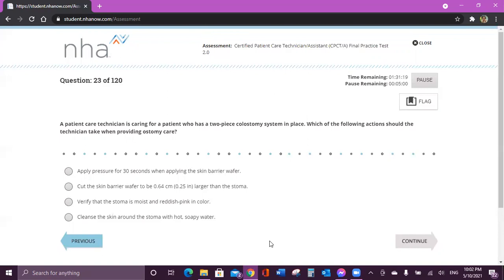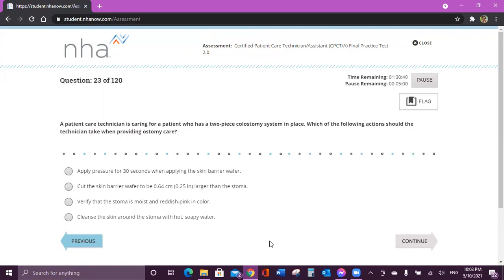Ostomy care, esos son de la gente que tienen los tubos en los dos lados de la barriga, que te sacan el intestino. Cut the skin barrier wafer to fit the stoma. Verify that the stoma is more than dark pink in color. No. Cleanse the skin around the stoma with mild soap and water. Es la C.